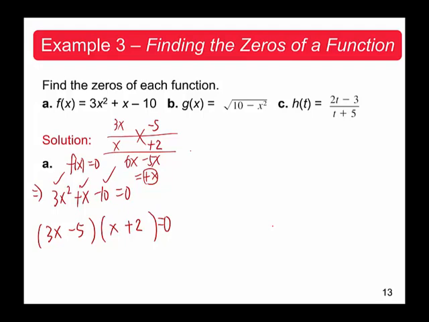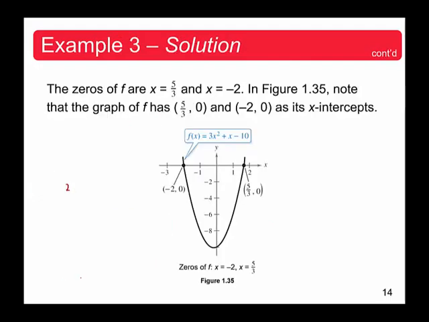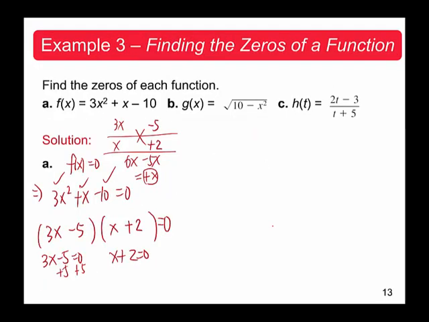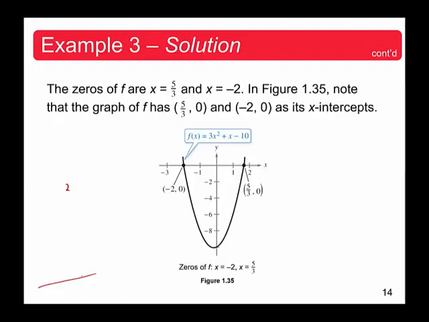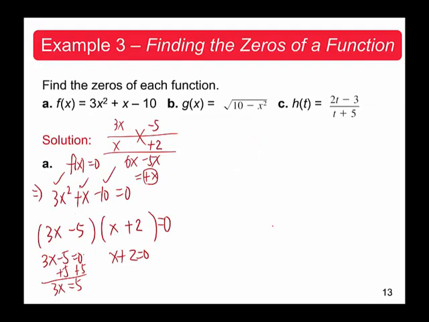Now you can solve for x for each linear equation. First one, adding 5, you get 3x equal to 5. Now we divide by 3 on both sides of the equation, so we end up with x equal to 5/3.